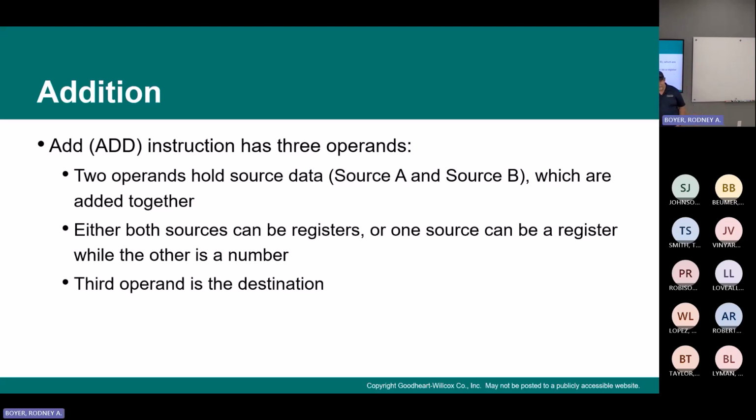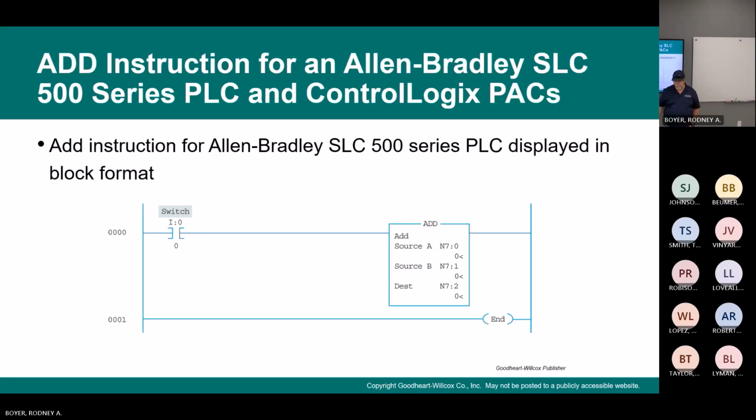As long as you're putting your result into a different data register, it still does it every scan, but it doesn't increment like that. So with your conditional logic, in that case, a switch, every time you increment, it takes what is in N7:0, adds what is in N7:1, and puts the answer into N7:2.